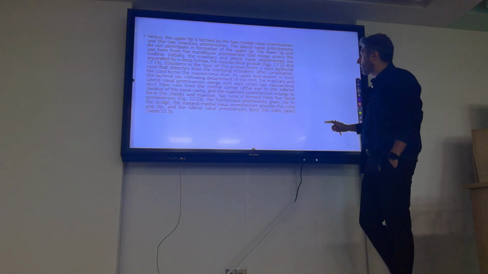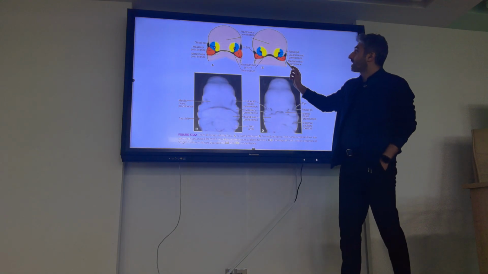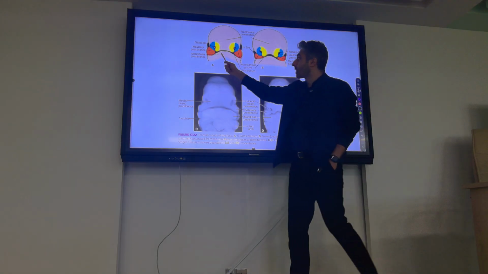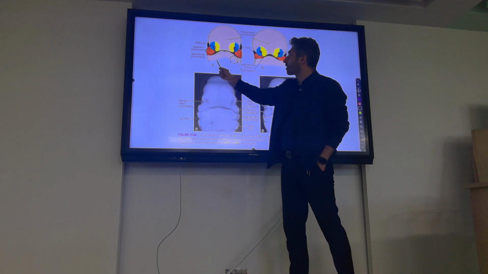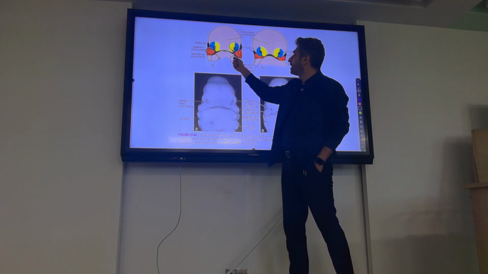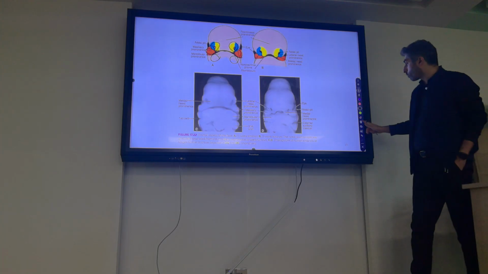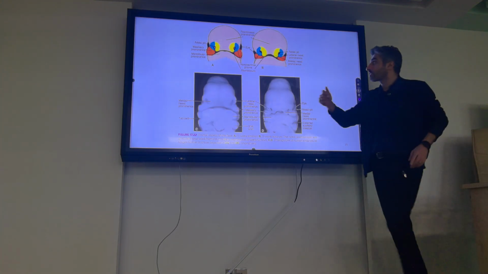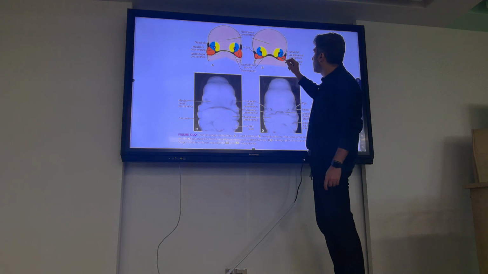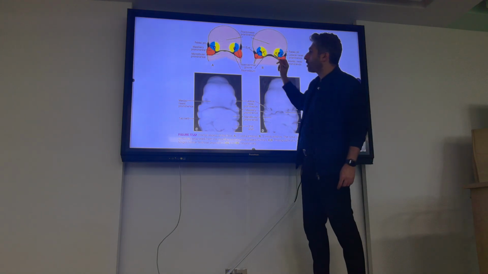Then look at here. The maxillary prominence, the red color. Mandibular prominence, these are. And look at this yellow and blue color. This is the frontonasal prominence, the nasal part. I told you it divides into two parts. The blue color is lateral nasal, the yellow color is medial nasal.